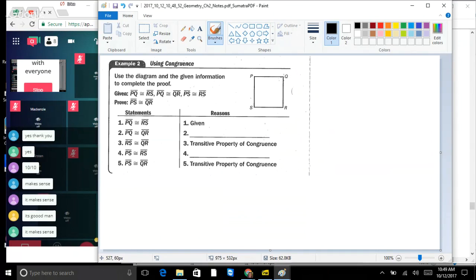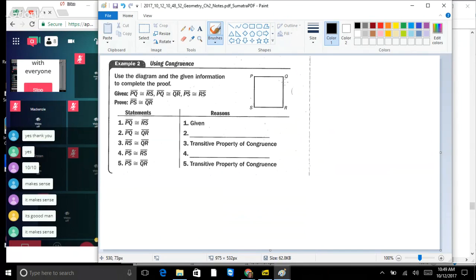PQ is congruent to QR. And PS is congruent to RS. So we have a lot of given statements here, a lot of line segments that are congruent to each other. And we want to prove that PS is congruent to QR.